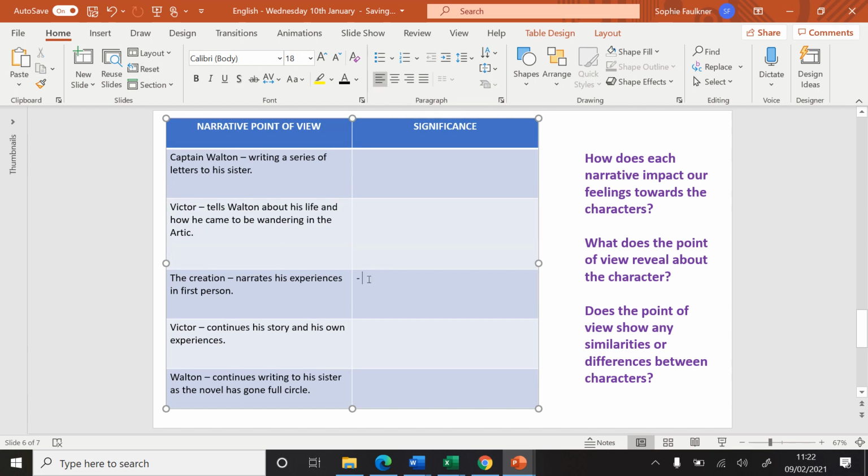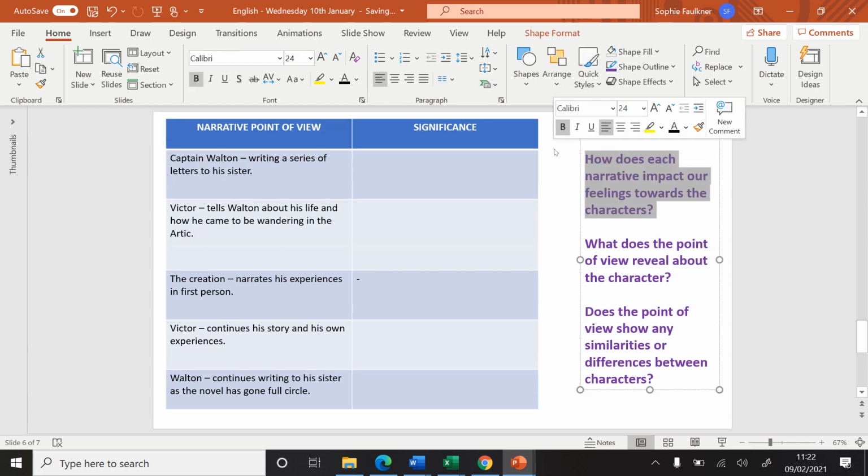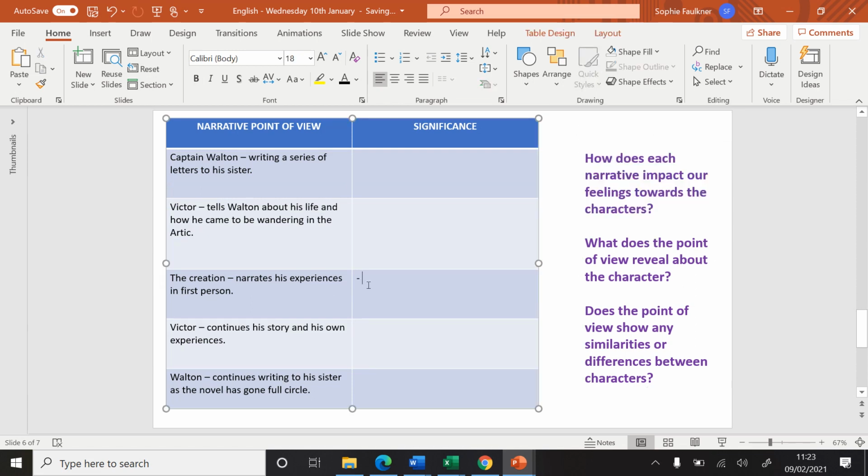So I'm going to look at this first question here. How does each narrative impact our feelings towards the character? This is sympathy. Sympathy is developed as we hear of the creation's neglect, sorrow, and torment.